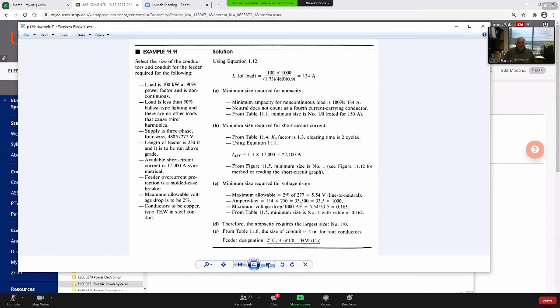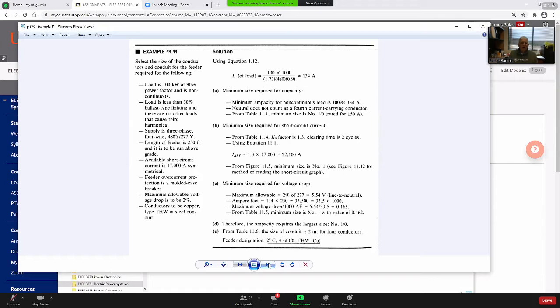So then the solution. First, determine the current in the load. For a 100 kilowatt load at 90% power factor, divide by the line-to-line voltage, divide by the square root of 3.